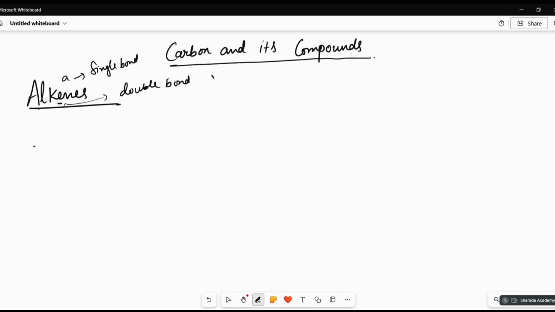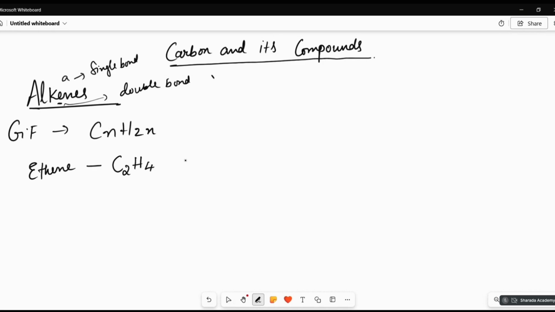And the general formula for alkenes is what? CnH2n. For alkanes it was plus 2, that is not there. The first one is not possible. Write the second one, it is ethene. What is the molecular formula?